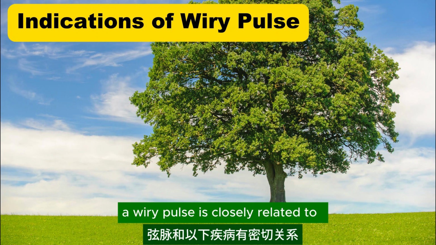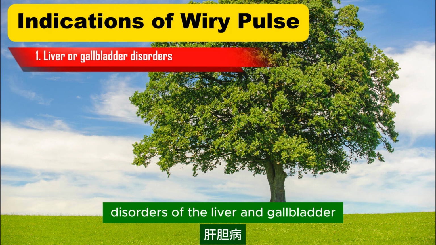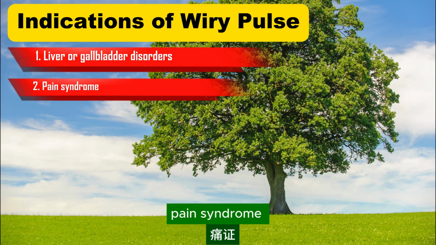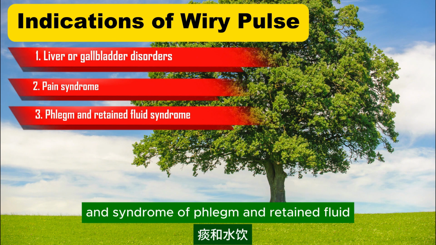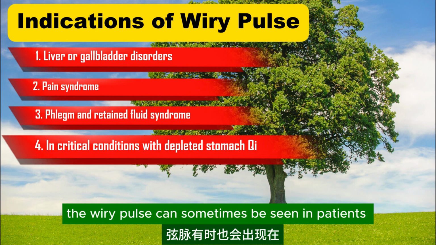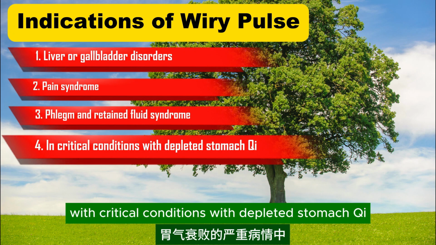A wiry pulse is closely related to disorders of the liver and the gallbladder, pain syndrome, and the syndrome of phlegm and retained fluid. The wiry pulse can sometimes be seen in patients with critical conditions with depleted stomach qi.